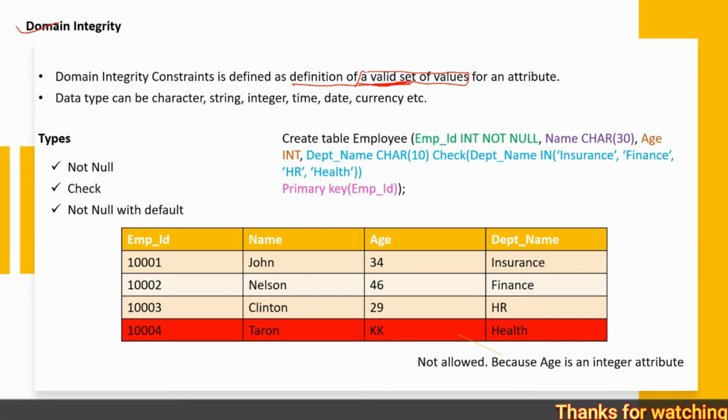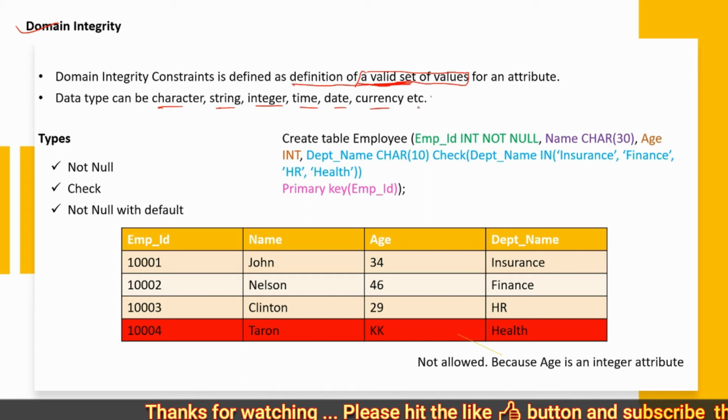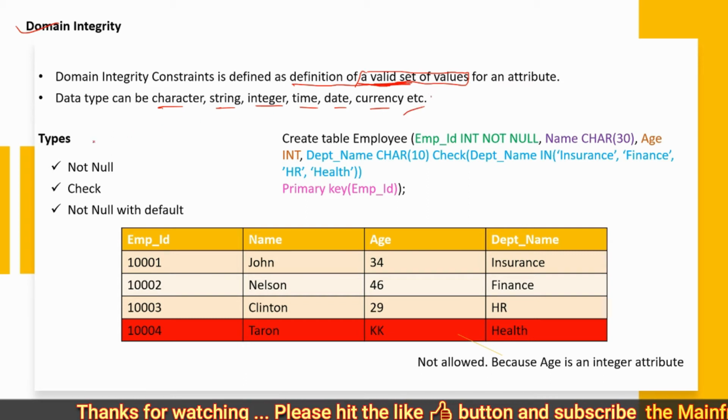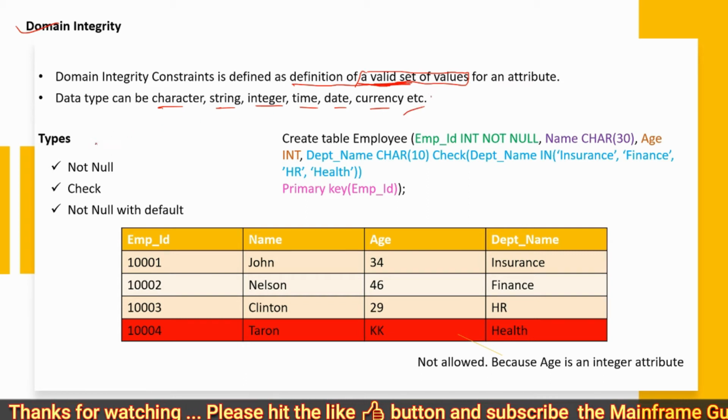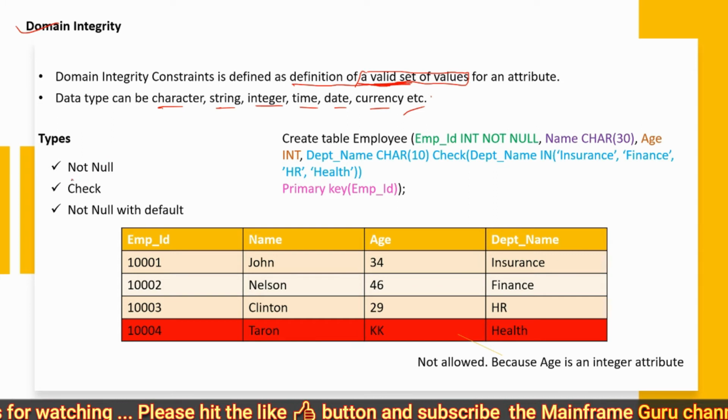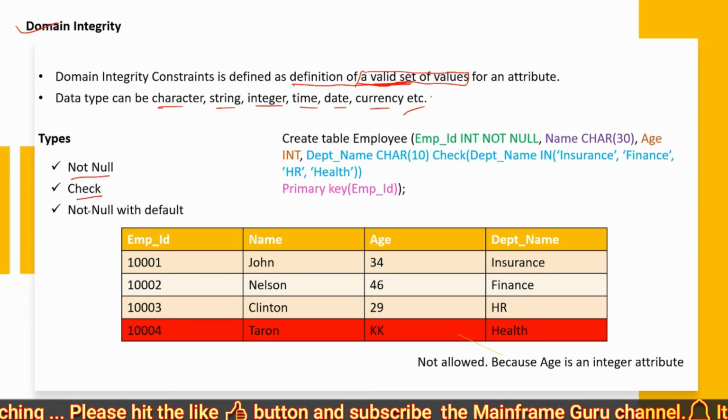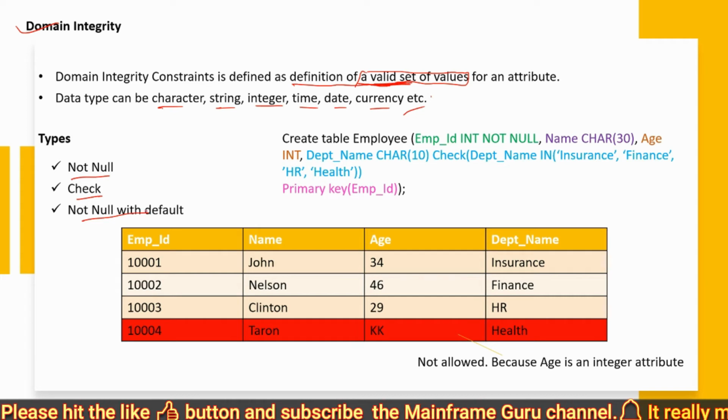Means data type for a column, it can be of type like character type, string type, integer type, time, date, currency, etc. Okay, and there are some domain integrity constraints like not null and check, not null with default.